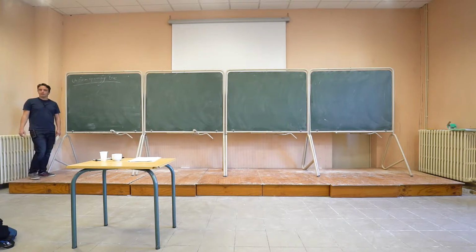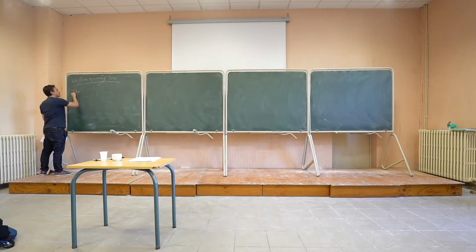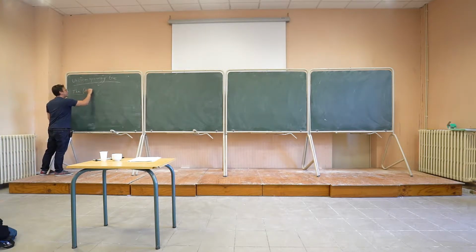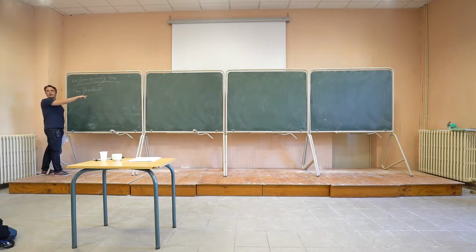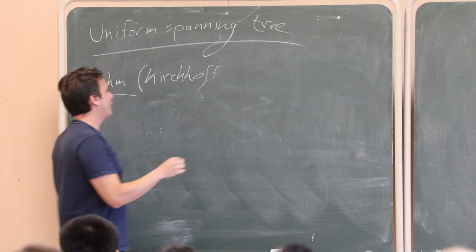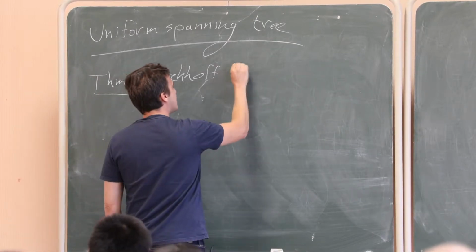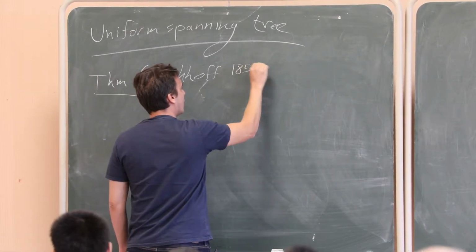And the first thing that I promised you is a theorem due to Kirchhoff, which is, I think, the only word I know in English which has two consecutive H's in it, and it's from 1857.